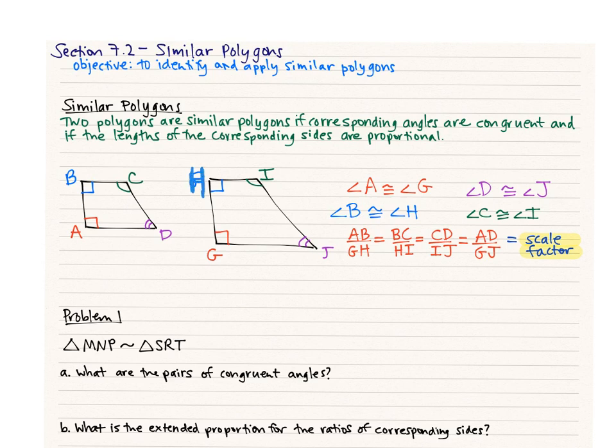This is an H. GH have the same scale factor, or they're in proportion to BC/HI, and then CD/IJ, and then AD/GJ. And whenever you divide those, they should be all the same, and that is called the scale factor. So let's look at this first problem.